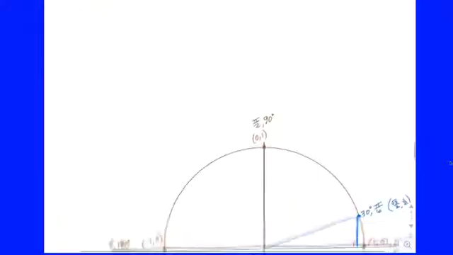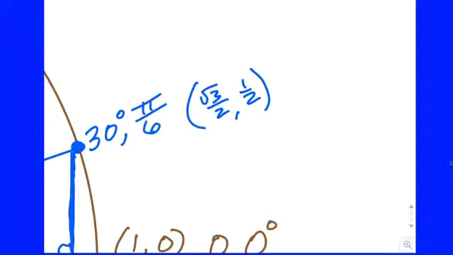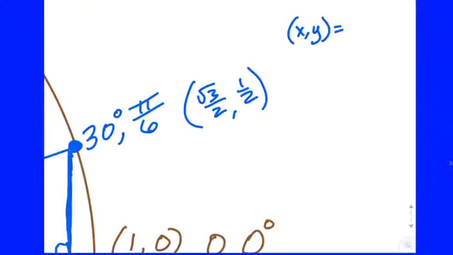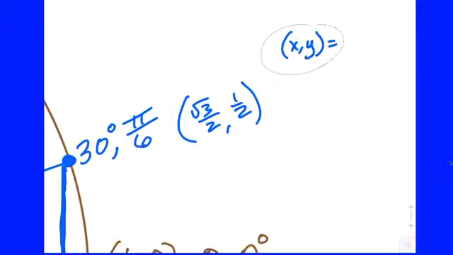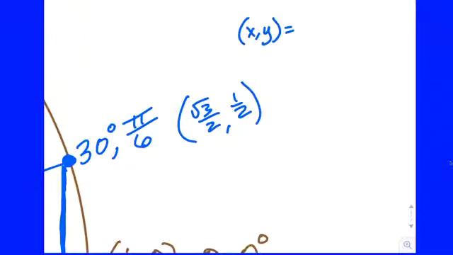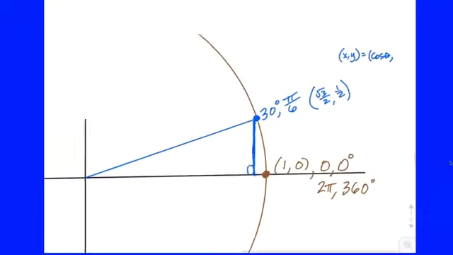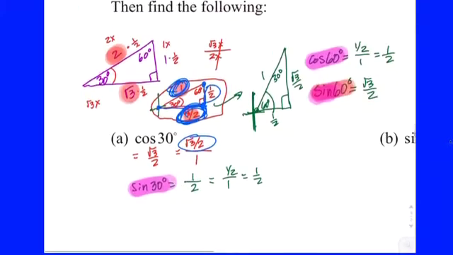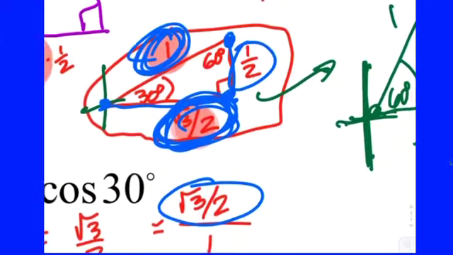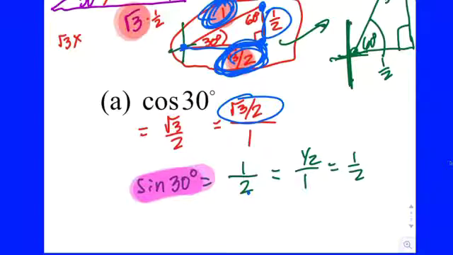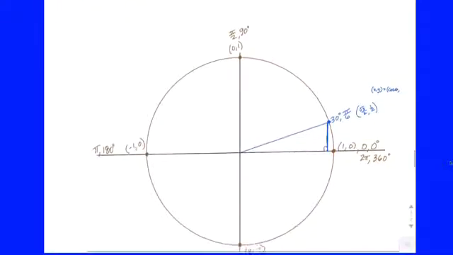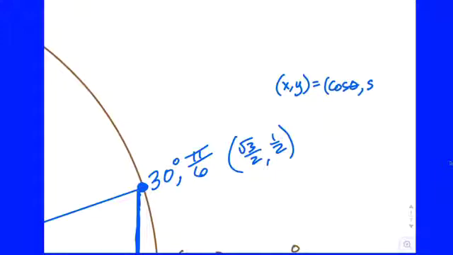So when you have the ordered pair x, y, the x coordinate ends up being the cosine of the angle. And then what was the sine of 30 degrees over here? Sine of 30 degrees was 1/2 over 1, which was 1/2. Because the radius was 1, it was just the y value. Holy moly. So the y coordinate is always going to be the sine of that angle.